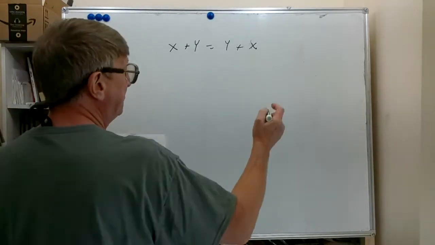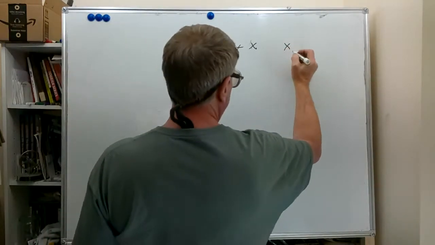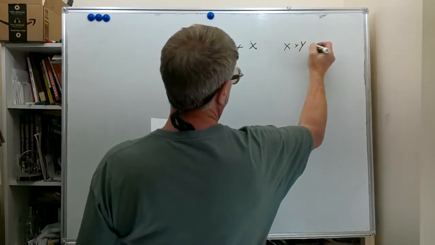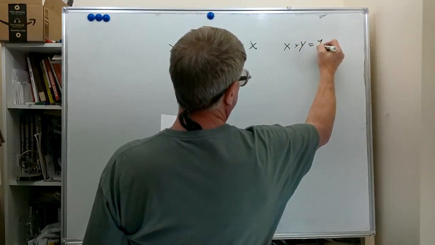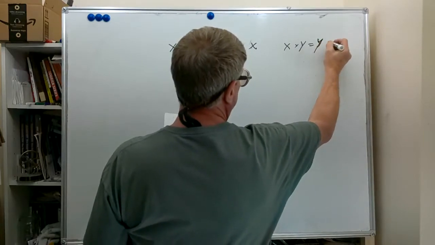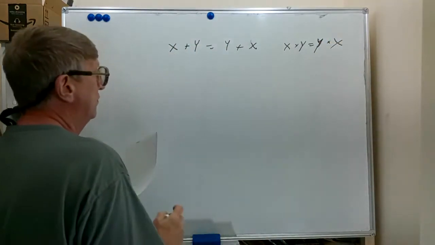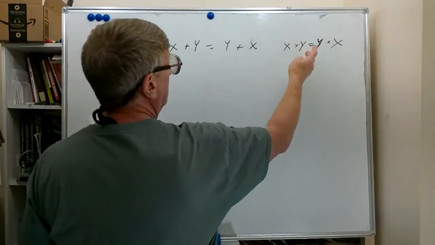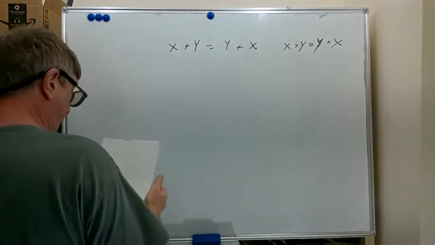And for multiplication, we say that x times y is equal to y times x. What we're saying here is it doesn't matter what order we do the addition, it doesn't matter what order we do the multiplication, we'll get the same results.